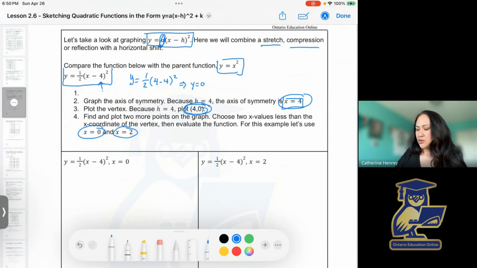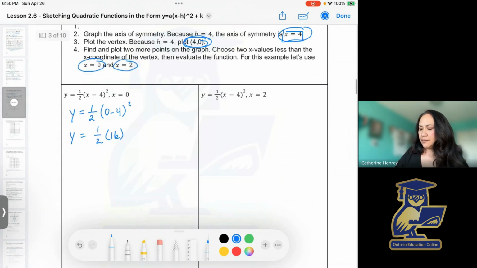So here I'm going to do the work. y equals 1/2 (0 minus 4) squared. y equals 1/2 times 16. So y equals 8. So one point that I can graph is (0, 8).